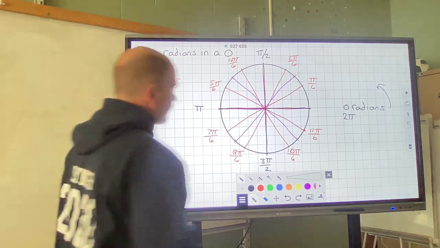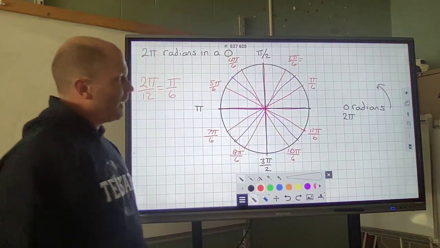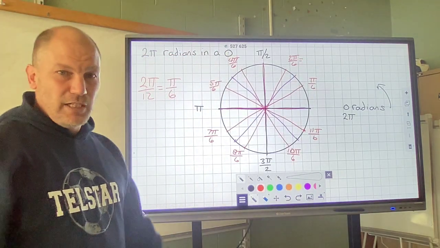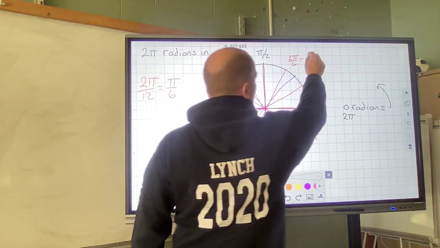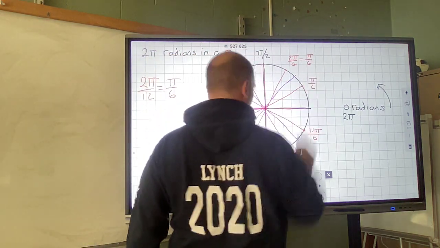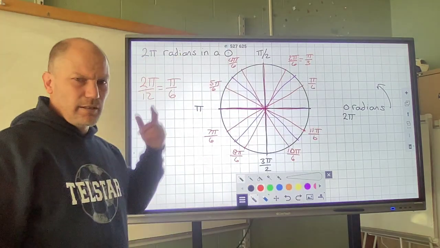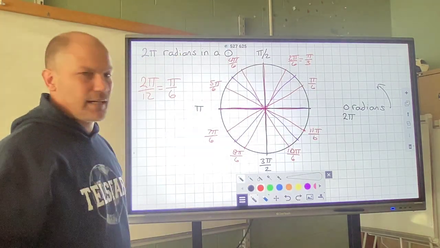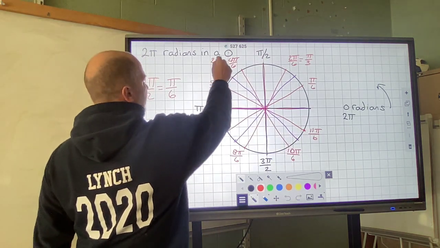Some of you might have noticed that a few of these are reducible. 2 pi over 6, we can reduce it. They're both divisible by 2, so we're going to change that to be pi over 3. And I'm going to recommend that you think about doing that as a secondary step. 4 pi over 6 becomes 2 pi over 3.